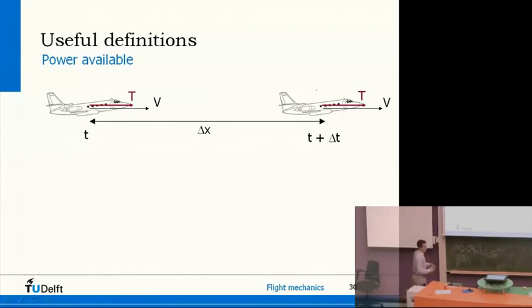Now if you look at the amount of energy that it takes to get from A to B, there's something which is called work, which is basically force times distance, which is energy. So the force in this case is thrust, the distance is this delta x, or x2 minus x1, and that's the energy you need to go from A to B.